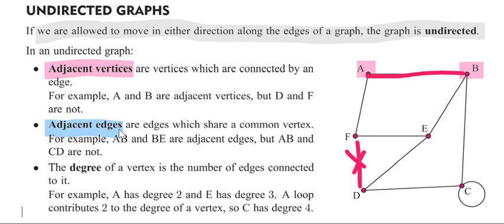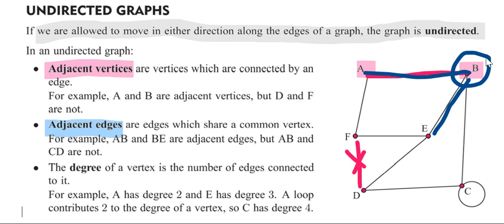For example, AB and BE are adjacent edges because they have the same vertex B.